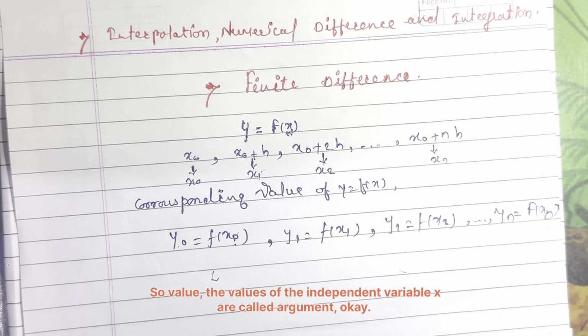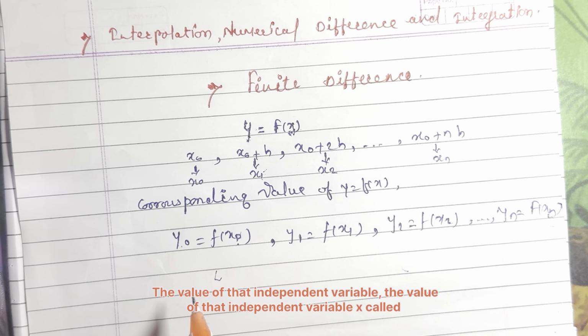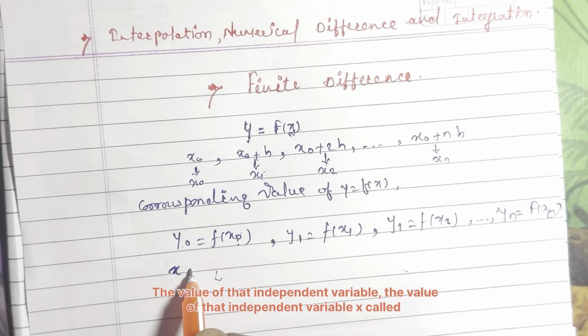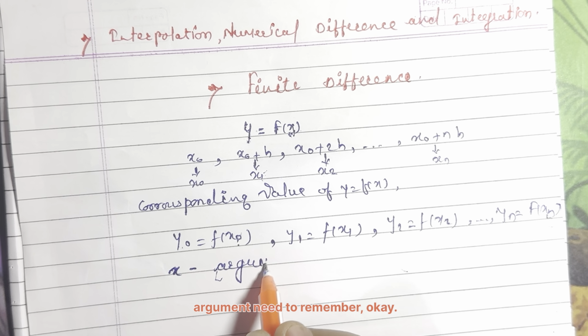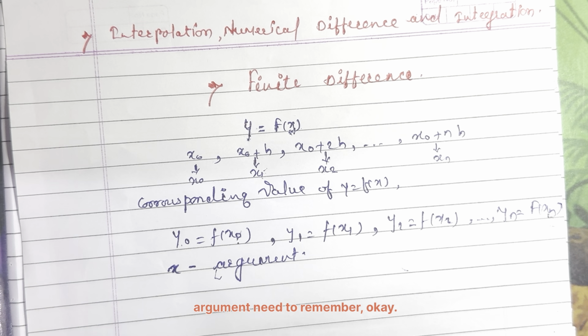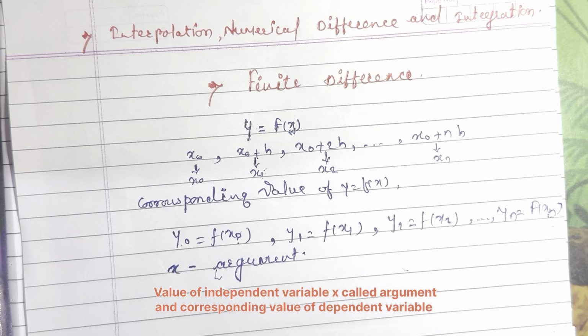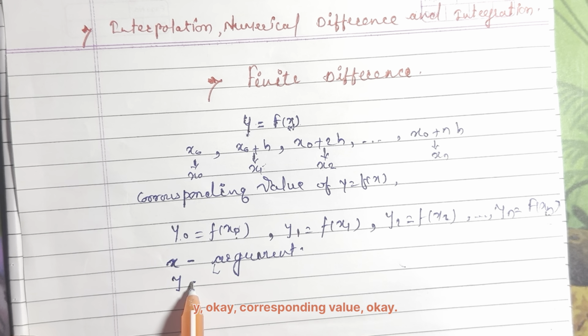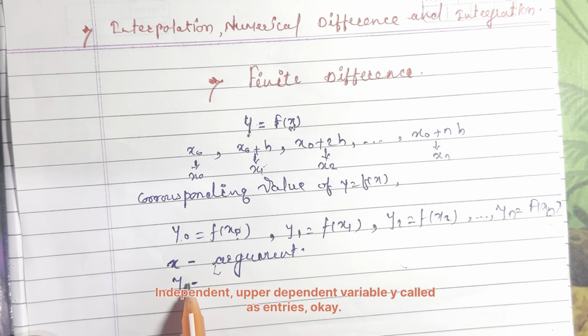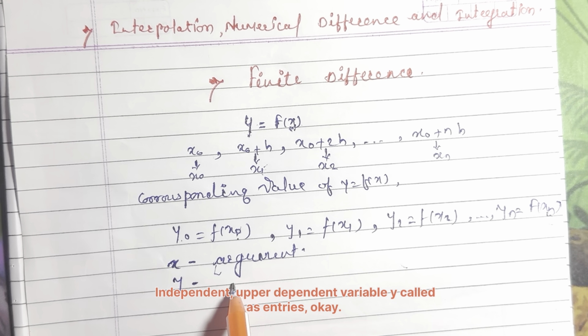The values of the independent variable x are called arguments. Need to remember: the value of the independent variable x is called the argument, and the corresponding value of the dependent variable y is called the entry.